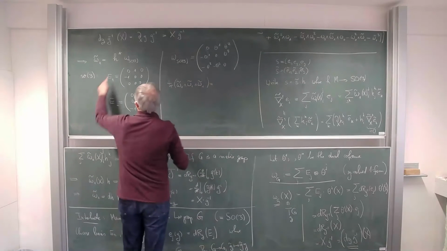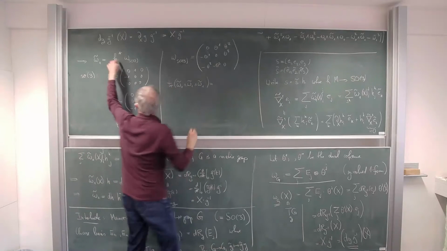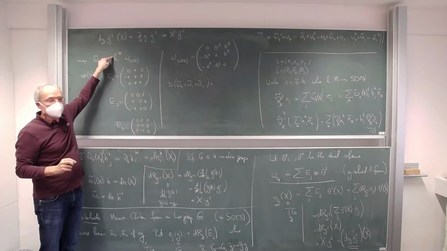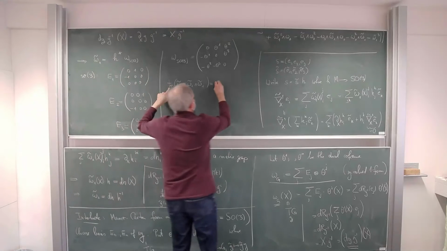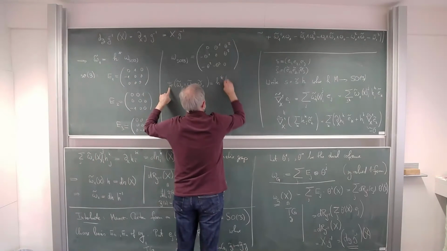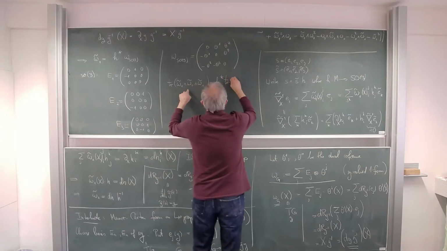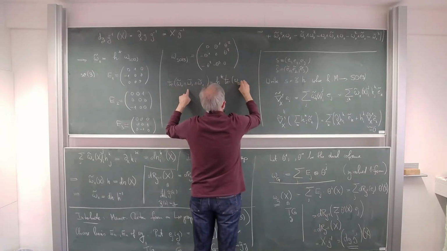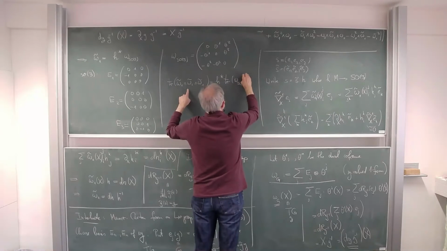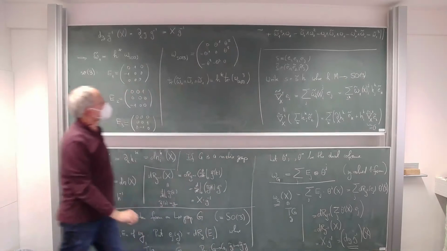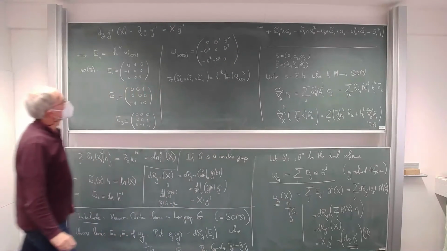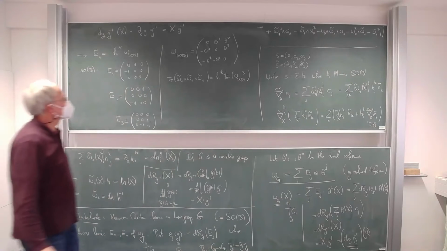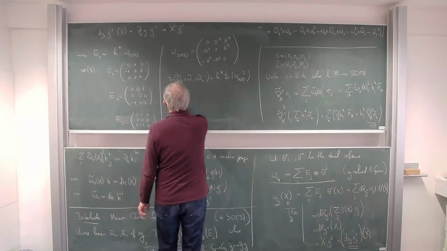And so I can insert this. Pullback commutes with the wedge product and also with this linear trace. So that's the same thing as H star of the trace of the Maurer-Cartan form cubed. So we have to compute this term now. Well, okay, so let's do it.